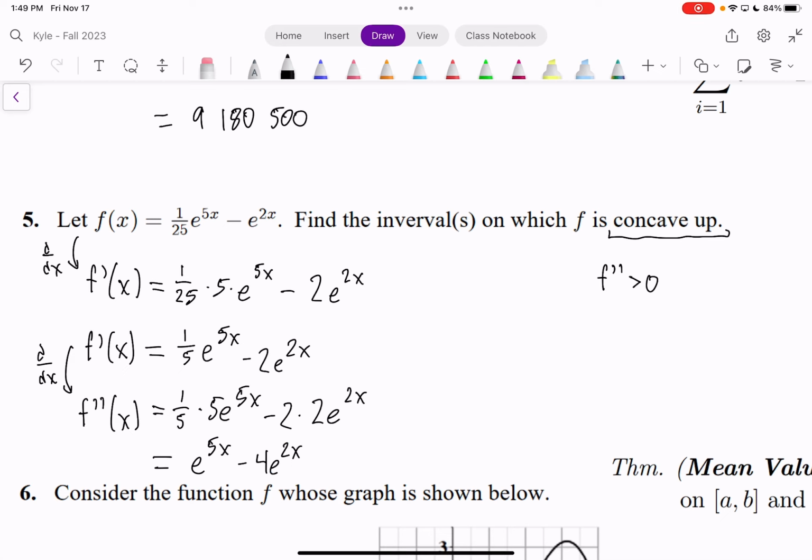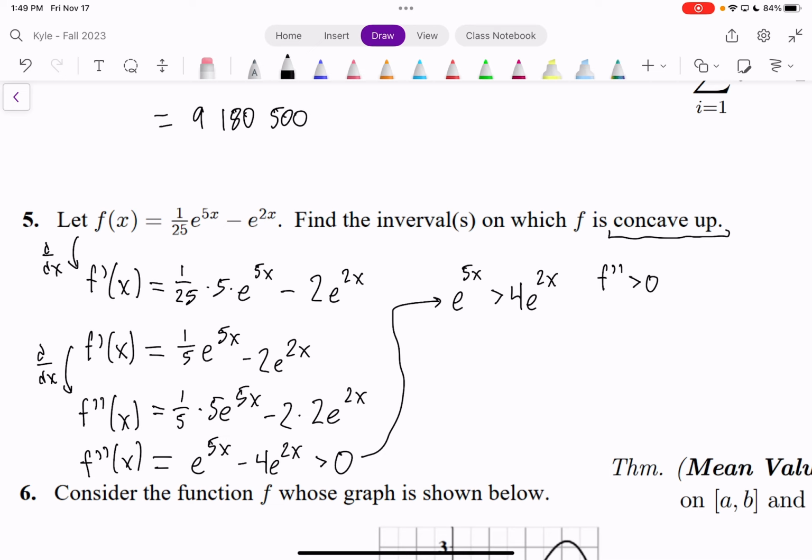Okay, cool. So our goal now is to find where f double prime of x is going to be bigger than 0. So we want to find when this expression is greater than 0. We can add and subtract on both sides of the inequality. So we're going to set e to the 5x minus 4e to the 2x greater than 0. So e to the 5x is bigger than 4e to the 2x.